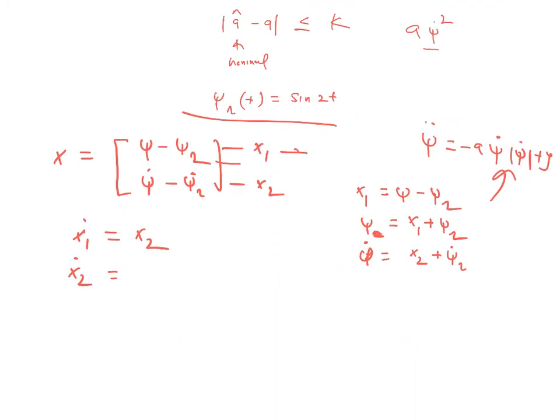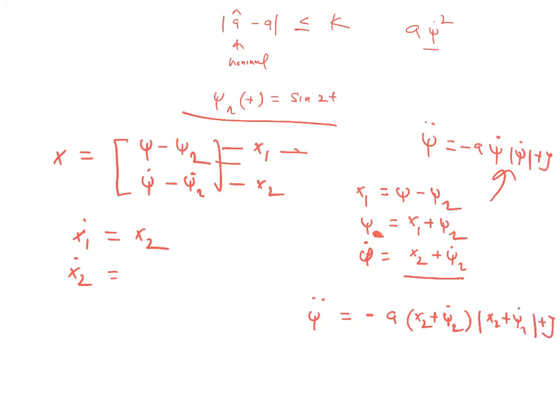So psi double dot will be equal to minus a times (x2 plus psi r dot) times the absolute value of (x2 plus psi r dot), plus tau.